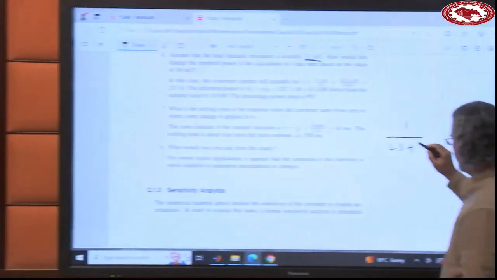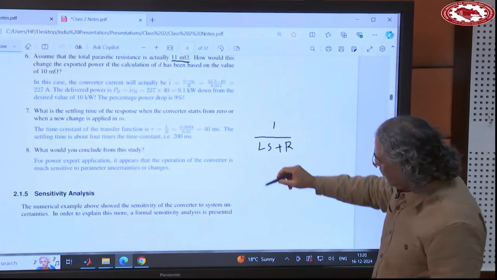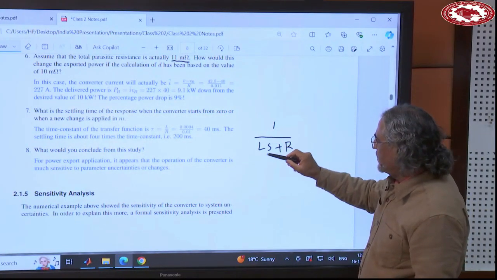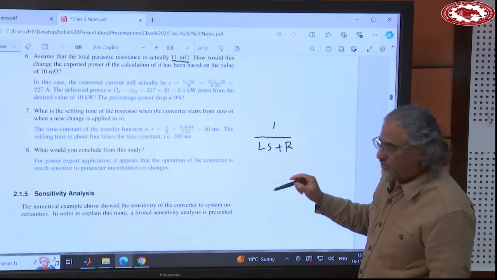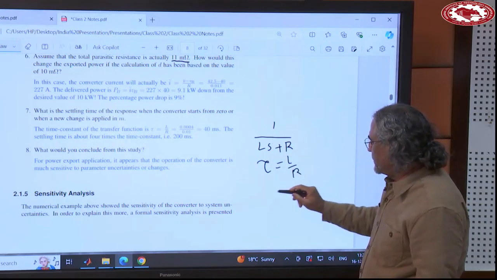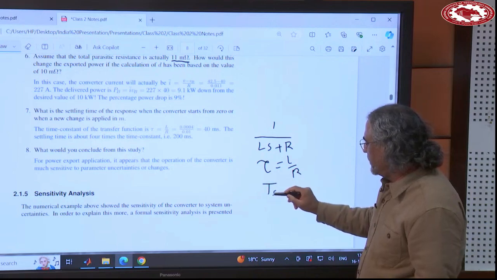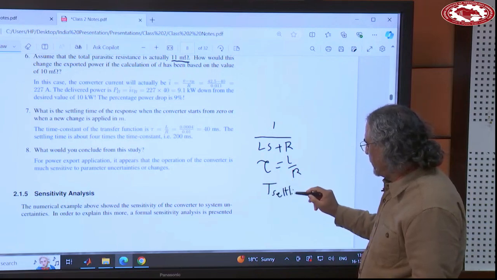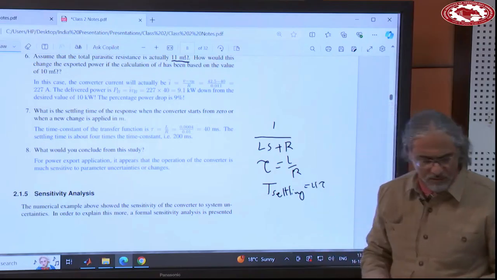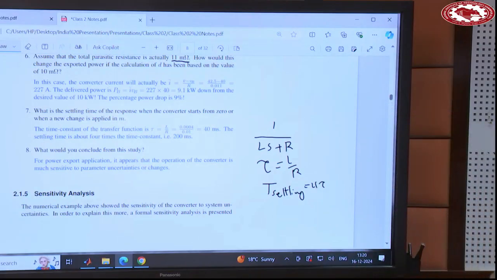But for those of you who know transfer functions, the time constant of a transfer function like this is L over R. And settling time is 4 tau, 4 or 5 tau. Some people say 4 tau, depending on how accurate you want to get there, or some people say 5 tau.